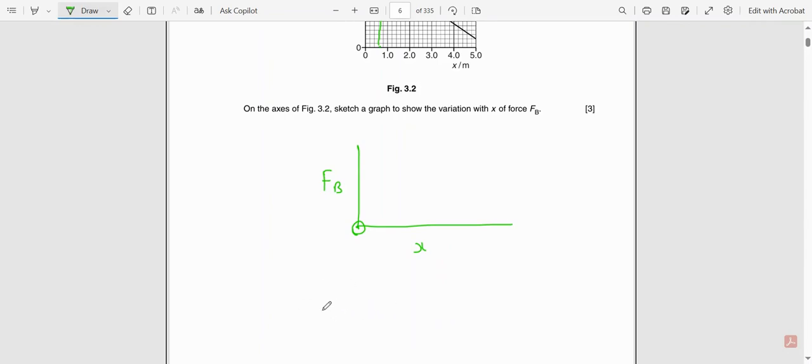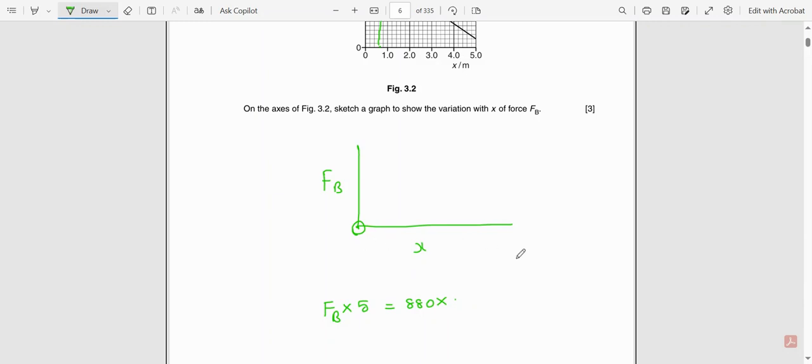Then FB, the considered point now is A, right? So FB into 5 will be equal to 880, with X as 0.